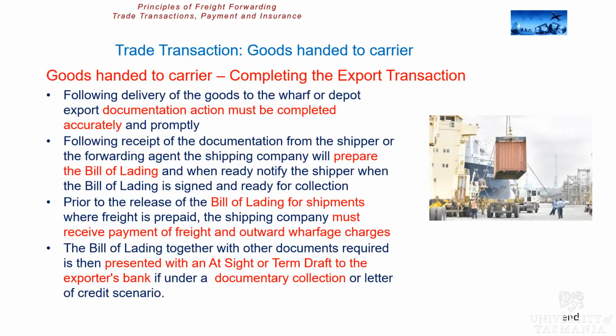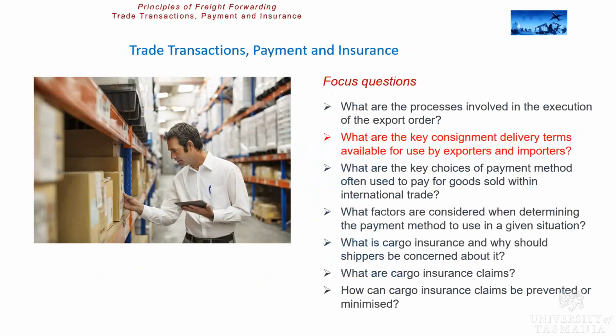It's going to be either at sight, which means you get paid immediately that the goods are sent off and that the documents arrive at the importer's bank, or a term draft, which means that the payment will be made sometime down the track that they've agreed to. Okay, so that's our execution of an export order.